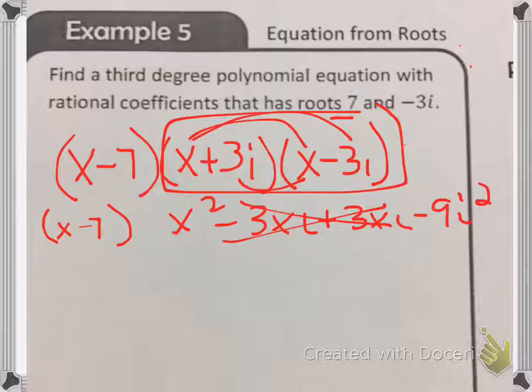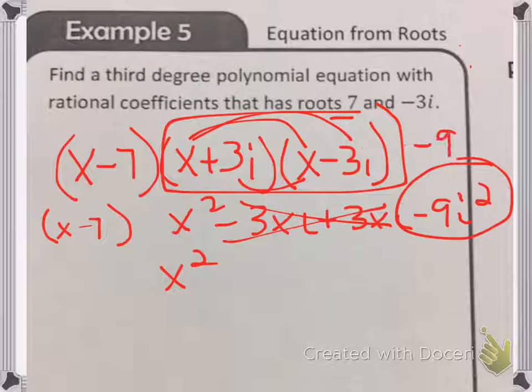Those middle terms cancel really nicely. And then right here, this minus 9i squared would be a minus 9 times a negative 1 because of that rule I told you on that front page that a negative 1 is what i squared is. So every time I see an i squared, I get to replace it with a negative 1. So that turns into x squared plus 9.